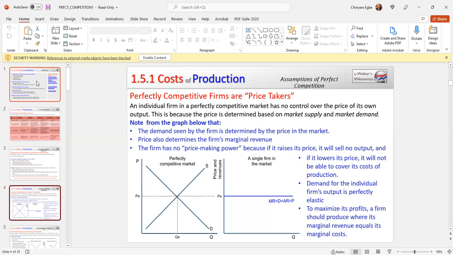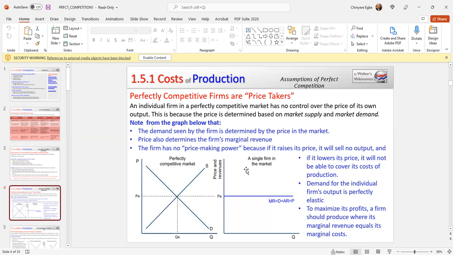And there's no buyer that can influence the price either. Also, everybody has the same information. Nobody can hide any information that is going to influence price or quantity. So under those circumstances, the market has a downward sloping demand curve and an upward sloping supply curve.